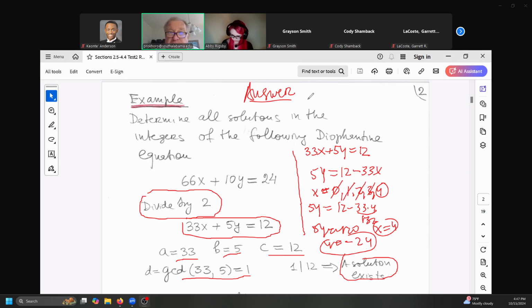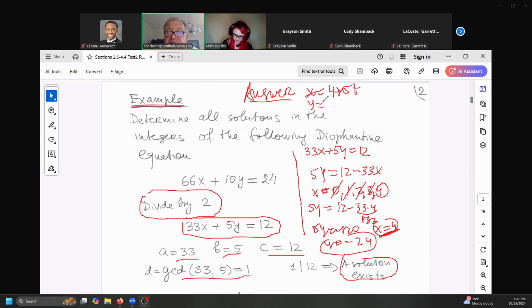So what do we get? X equals x naught. What is the value of x? We just found it, x equals 4. So this means we write 4, because x equals 4 plus b times t, so plus 5t.